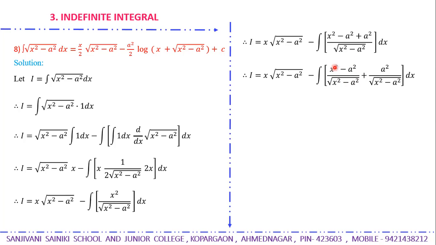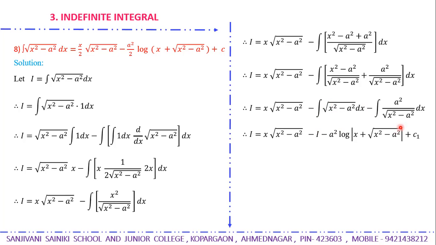You will get here root x square minus a square. But this is our integral I, so I can replace it by I. Here the integration of 1 upon root x square minus a square is given by log of x plus root x square minus a square plus c1, constant of integration.